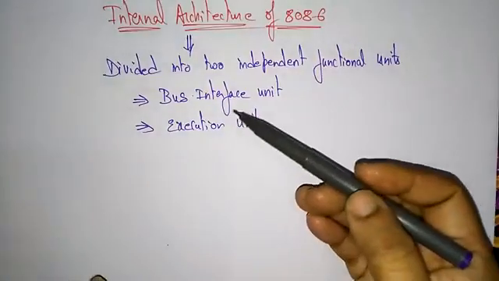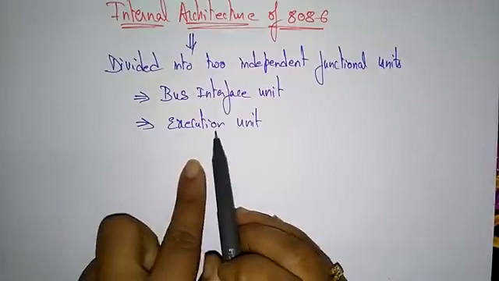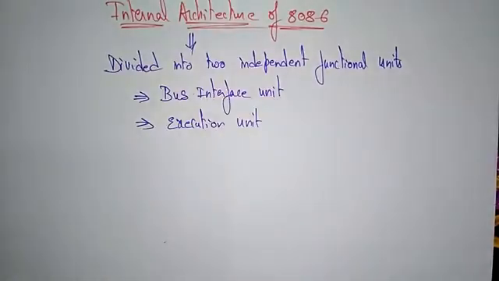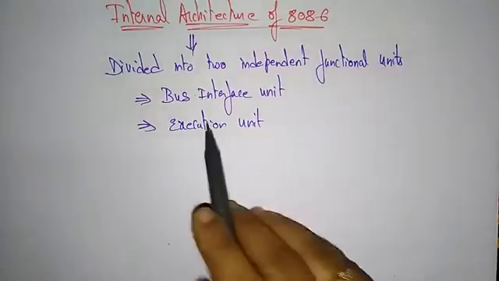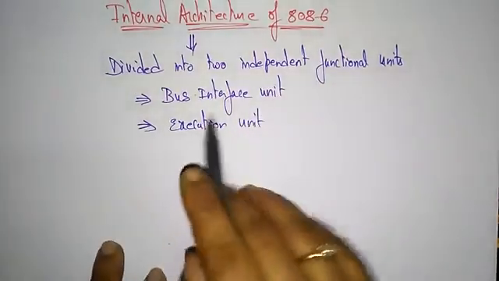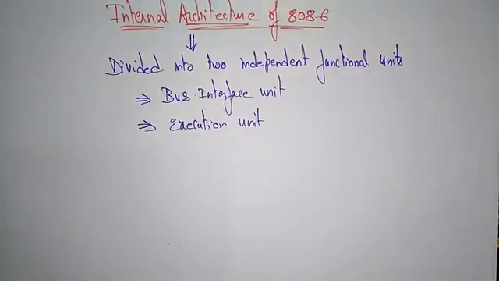The name itself says that the execution unit is executing something. Whatever information the user is sending is executed by the execution unit. And what is the bus interface unit? Interface means acting as a mediator, from the execution part to external devices like RAM, ROM and input output devices. It acts as a bridge between the outer devices and the processor.